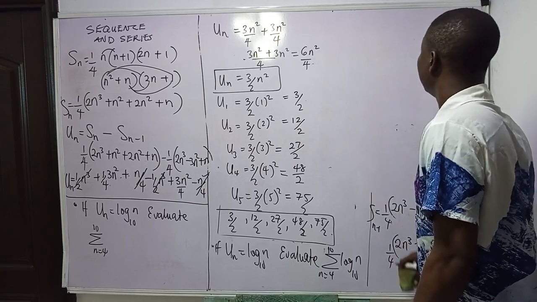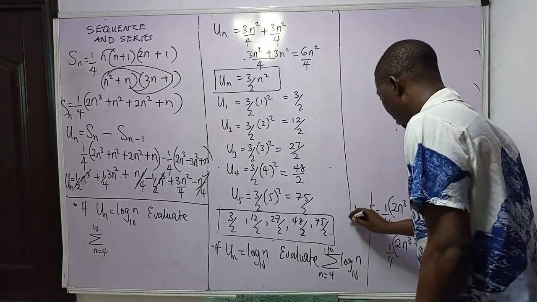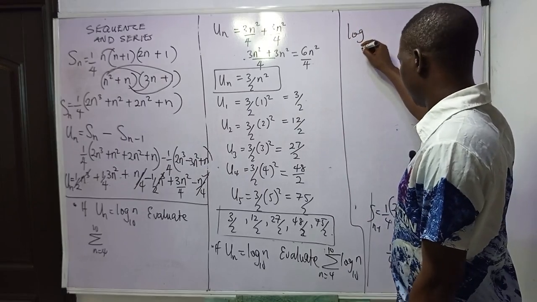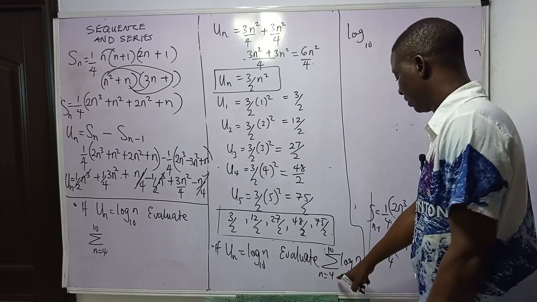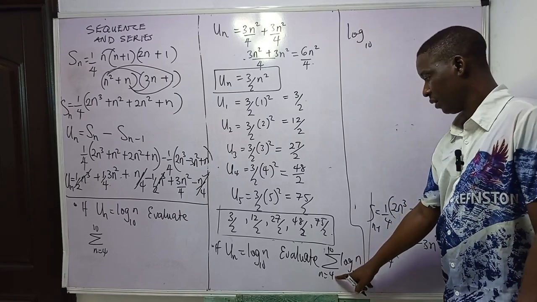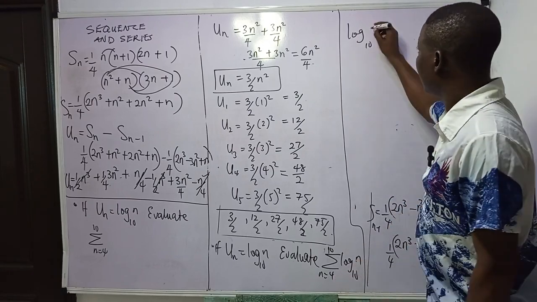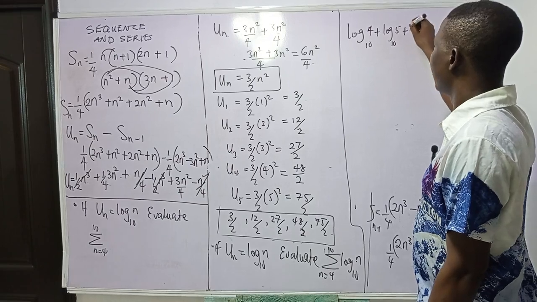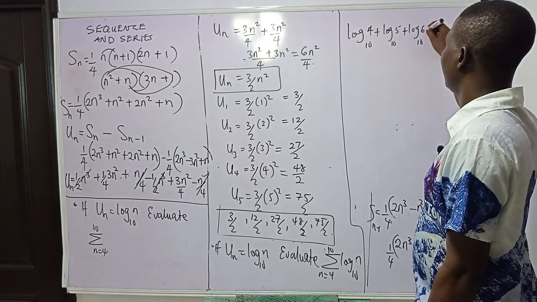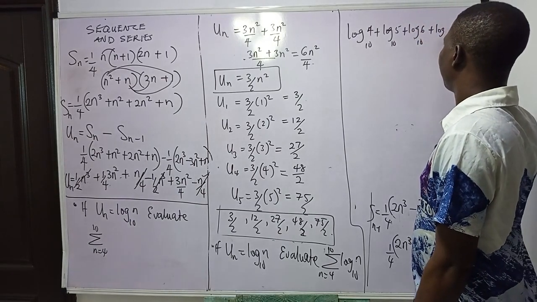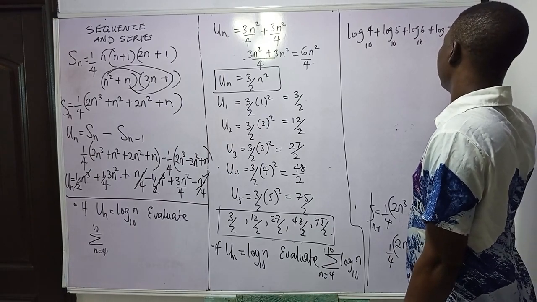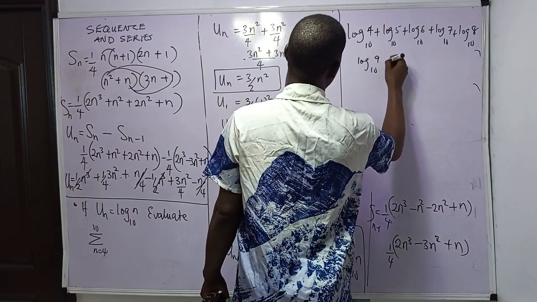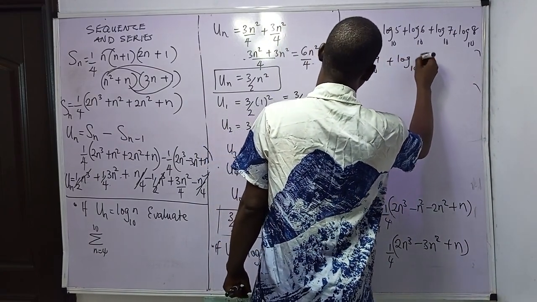So what I want to do now is simply log to base 10. You start with 4, then 4 plus log to base 10 of 5, plus log to base 10 of 6, plus log to base 10 of 7, plus log to base 10 of 8, plus log to base 10 of 9, plus log to base 10 of 10.